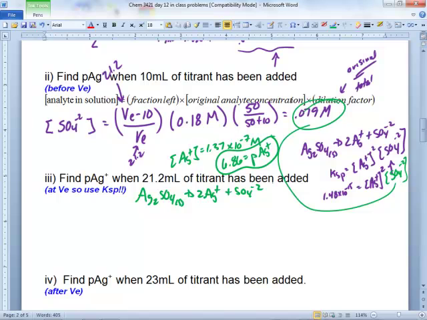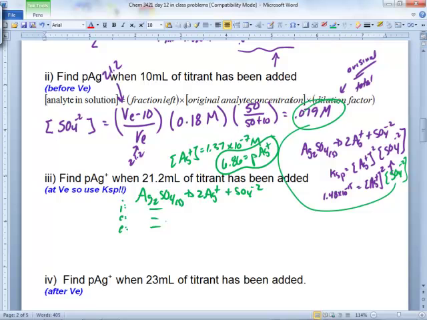We need to do the one tool in our toolbox. I guess there's 2, right? Because sometimes we skipped ICE. But we can't skip ICE now because we don't know the concentration of the sulfate. So we're going to have to do ICE. But that's a solid, so don't put anything there.